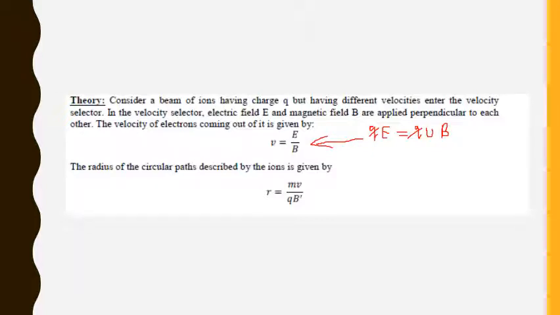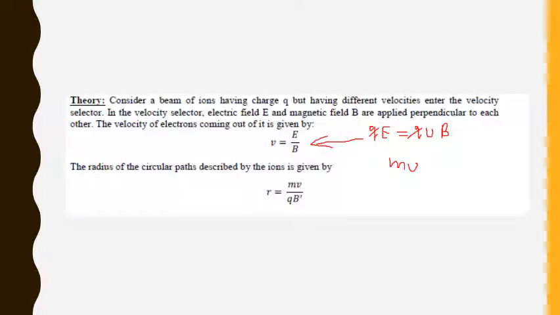The radius of the circular path we can describe, because the magnetic field will try to rotate the particle in a circular path, and this will give the centripetal force, and I think we all are aware of this.